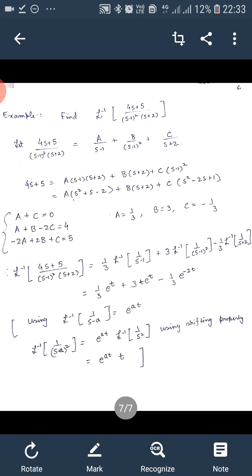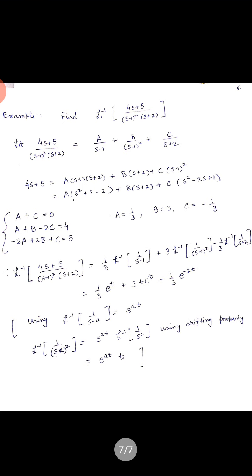So finally we have obtained the inverse Laplace transform of this function, equal to 1 over 3 times e raised to the power t plus 3 times t times e raised to the power t minus 1 over 3 times e raised to the power minus 2t.